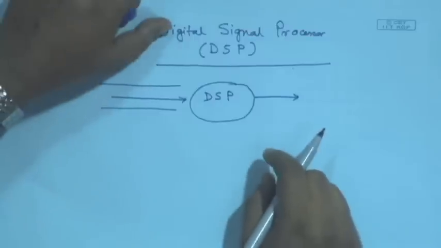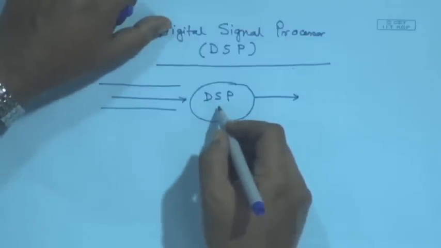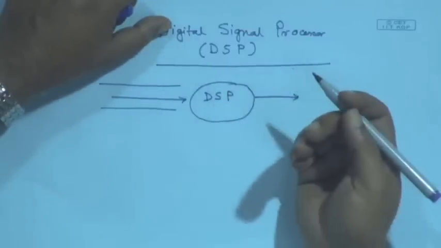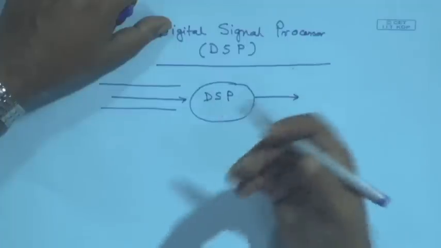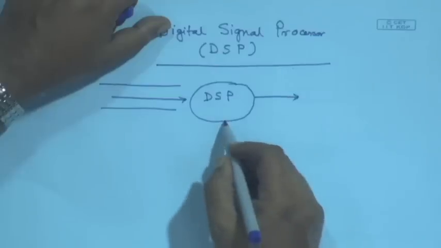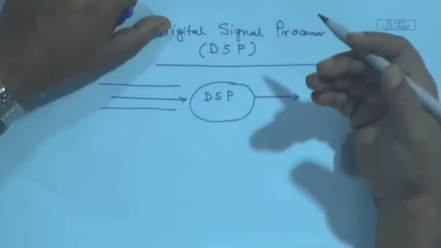For example, it can be the voice filter of a cell phone, or a digital TV. Data is coming, I have to process that and display that. Music synthesizers, other things. Consequently, a DSP needs fast execution.